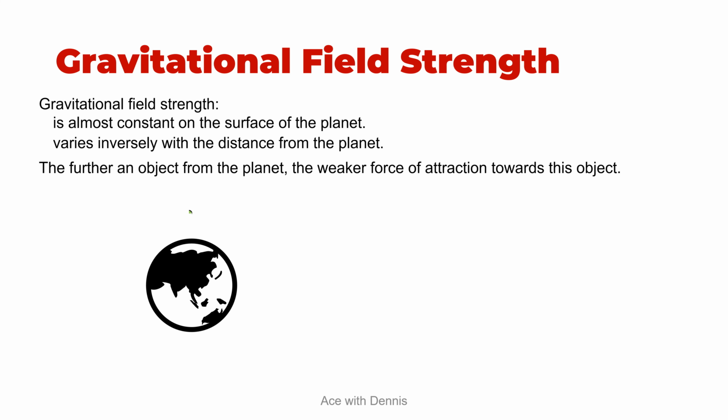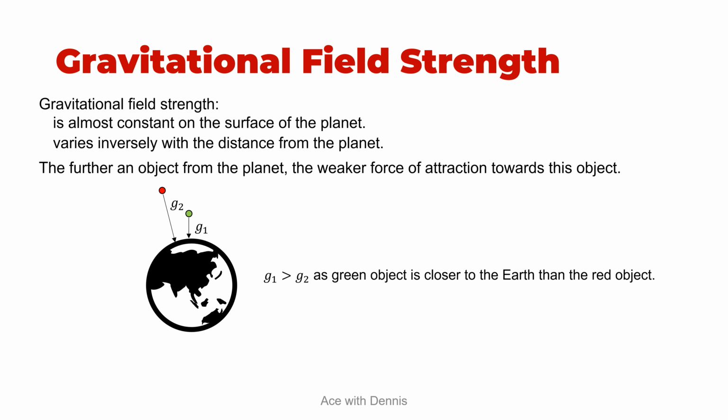So this is the Earth, and I have a green object with its gravitational field strength G1. And we have another red object which is further from the Earth and has a gravitational field strength of G2. From this diagram, we can conclude that G1 is greater than G2 as the green object is closer to the Earth than the red object.